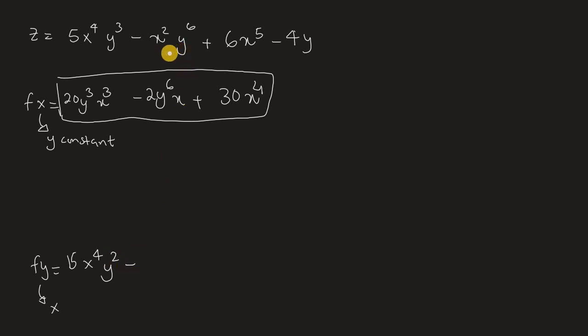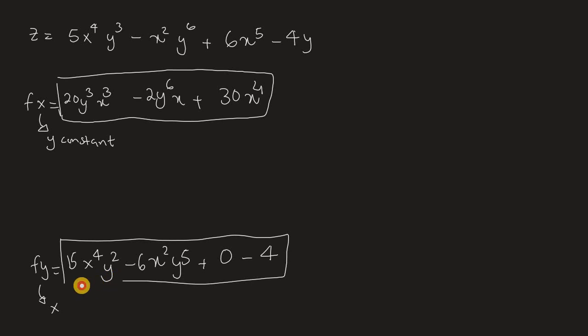Now we're differentiating y only, treating x as a constant, putting x here, and now only differentiating y, so 6y to the power 5 plus, differentiating, keeping x as a constant, so this whole thing becomes 0. And then since we're differentiating y, so negative 4. So this is the derivative with respect to y.